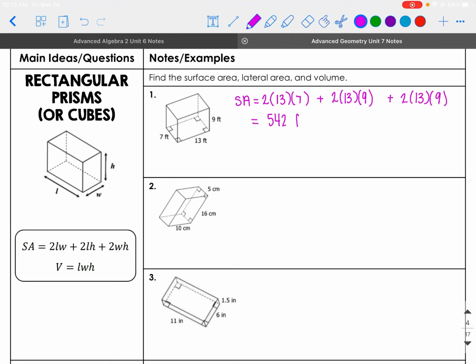And we get 542 feet squared. So what this means, surface area is just the area of each individual face.